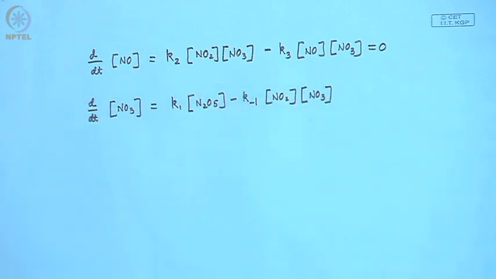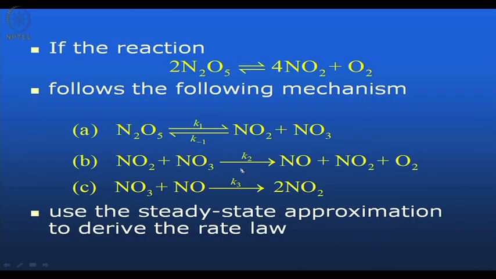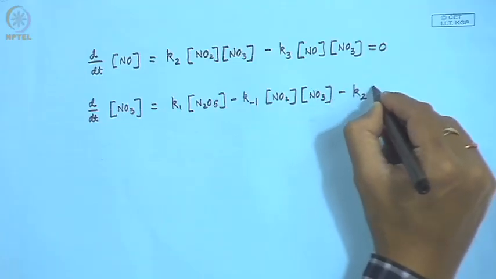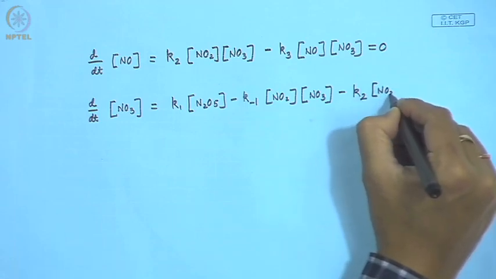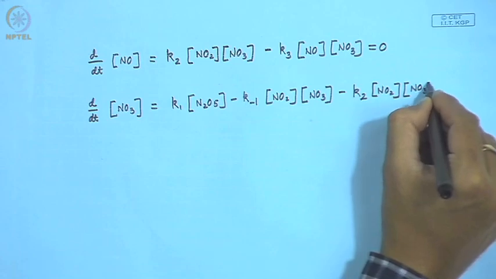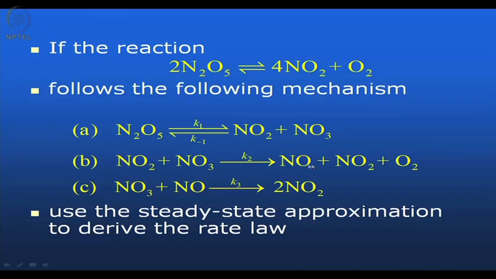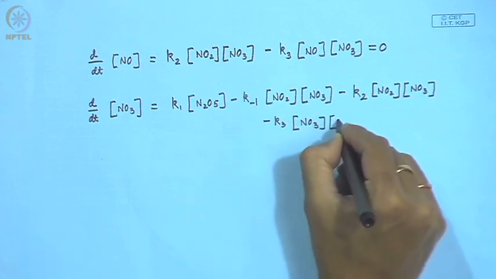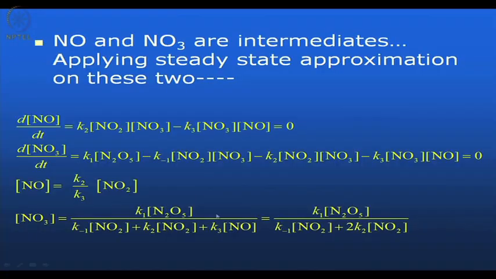Still other terms are there. NO3 here is again used up, so it should come with a negative sign. It is an elementary reaction, so you can directly use the concentration terms: minus K2 NO2 NO3, because it is depleted, and here again NO3 is depleted with K3, so minus K3 NO3 NO. So, there are 4 terms. You again put this to 0.